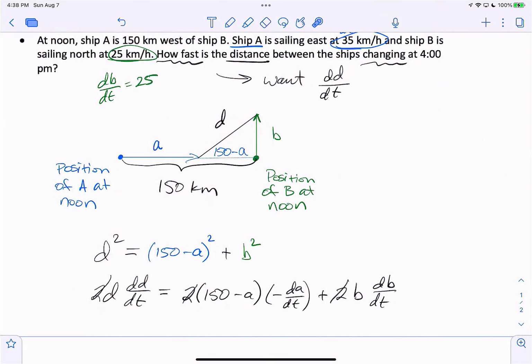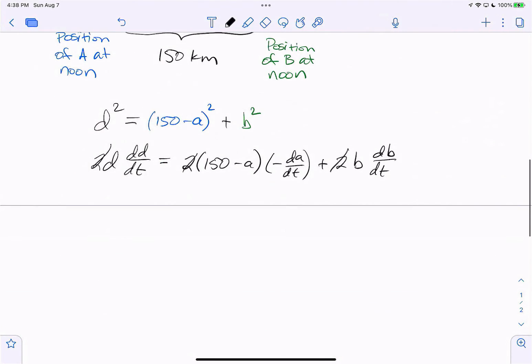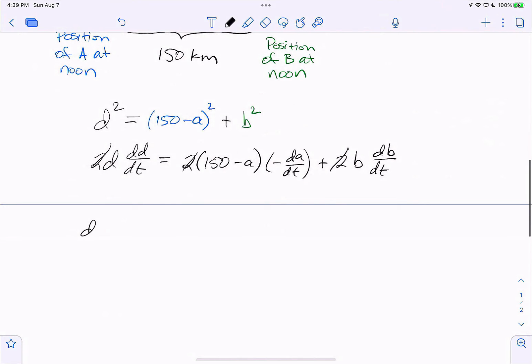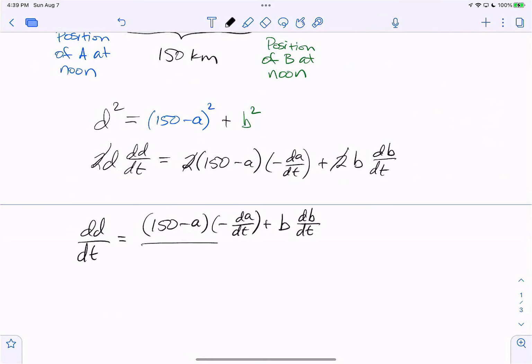Now notice we said we wanted dD/dt. Here's dD/dt, so I can solve for that by dividing both sides by D. So dD/dt is equal to (150 minus A) times negative dA/dt plus B times dB/dt, divided by D.